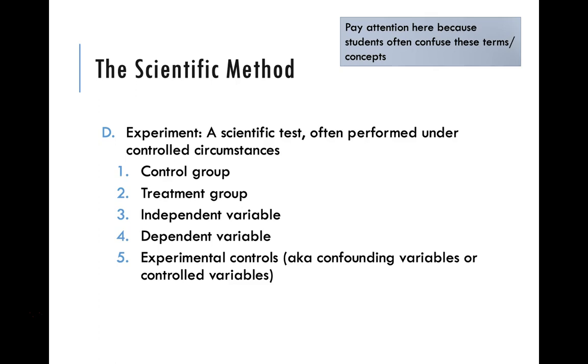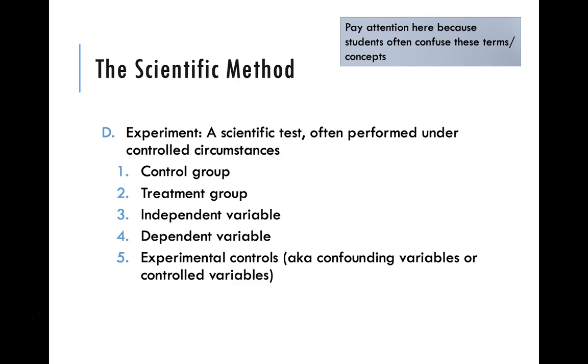Finally, this last one, we have experimental controls. So this is often mixed up with experimental variable, which is another word for the independent variable. It's also mixed up with control group. Experimental controls are also called confounding variables or controlled variables.